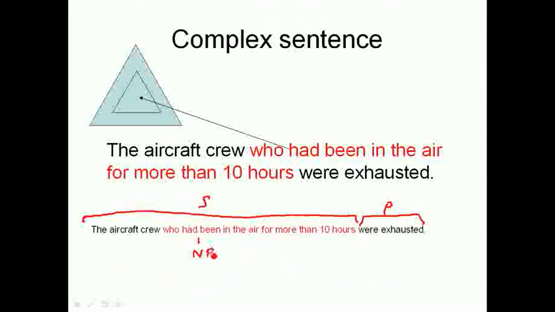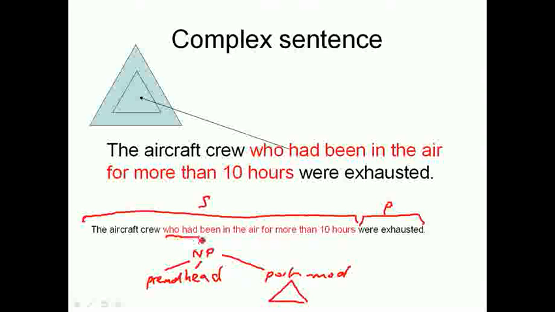Now, when you analyze the subject further, you can start off by saying there's a noun phrase, and within that noun phrase you've got a head, and there's a pre-modifier, and there's a post-modifier.